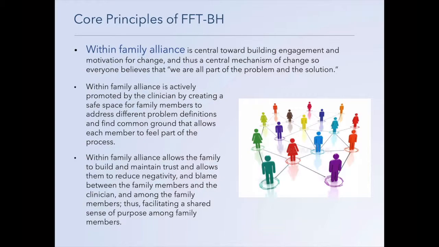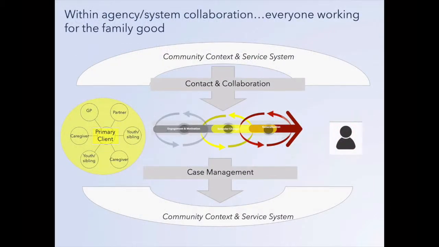Again, it's a little like thinking this way. We want to get everybody on the same page so that while they're on the same page, they can work to the same end. Alliance and collaboration also works, and it's important to do outside of the family system in terms of the community providers as well, because everybody working to the family good is what we're hoping. And that just doesn't happen a lot of times in treatment. Treatment providers pull families in very different ways.